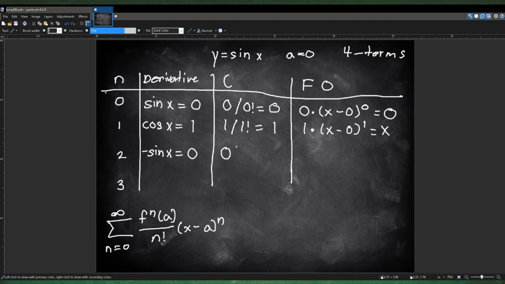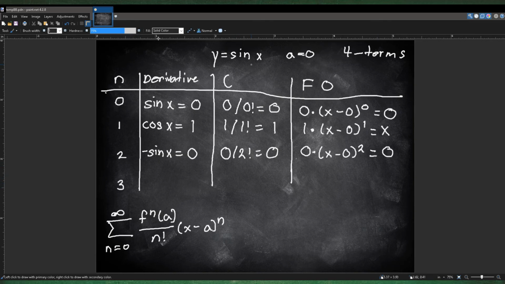So 0 divided by 2 factorial is basically just 0. Now we have 0 times (x minus 0) to the power of 2. We take whatever is here and put it as the coefficient in front, so that we keep track of where our terms are. So 0 times x to the power of 2 is just 0.